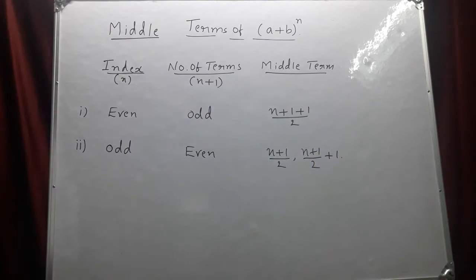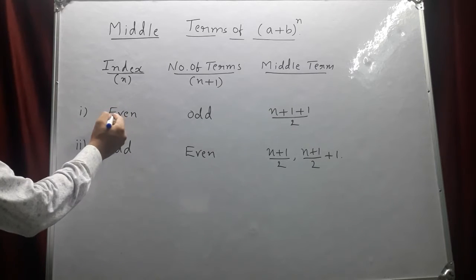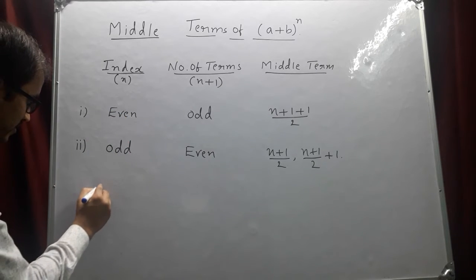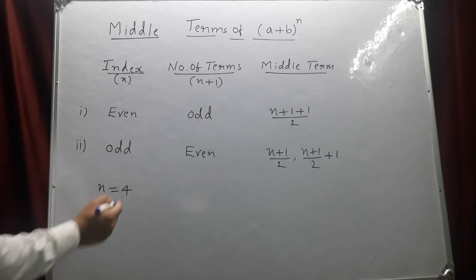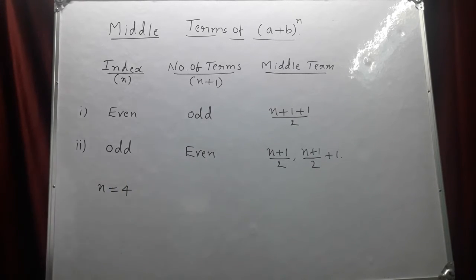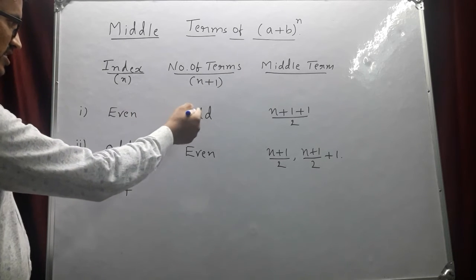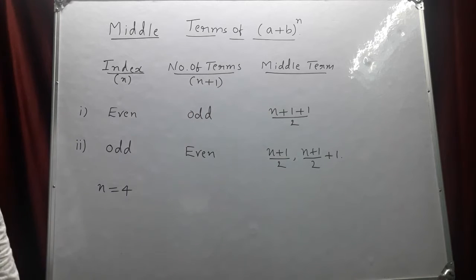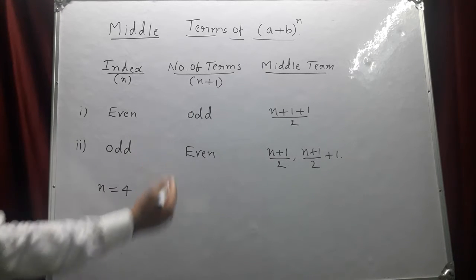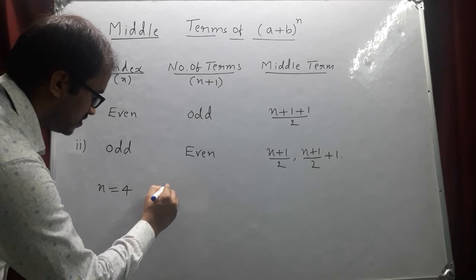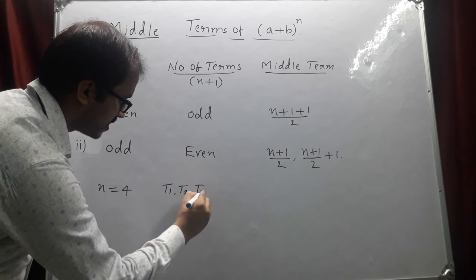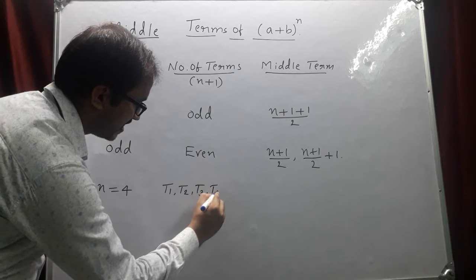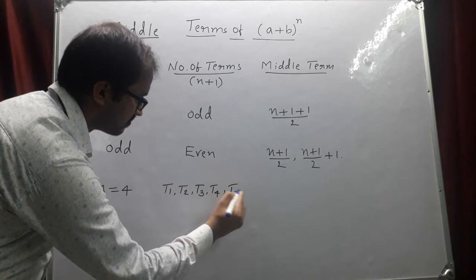If you want, you can consider some examples. Suppose n = 4. Then the index is an even number, so it is the first case. The number of terms will be 4 + 1, so we have 5 terms: T1, T2, T3, T4, T5.